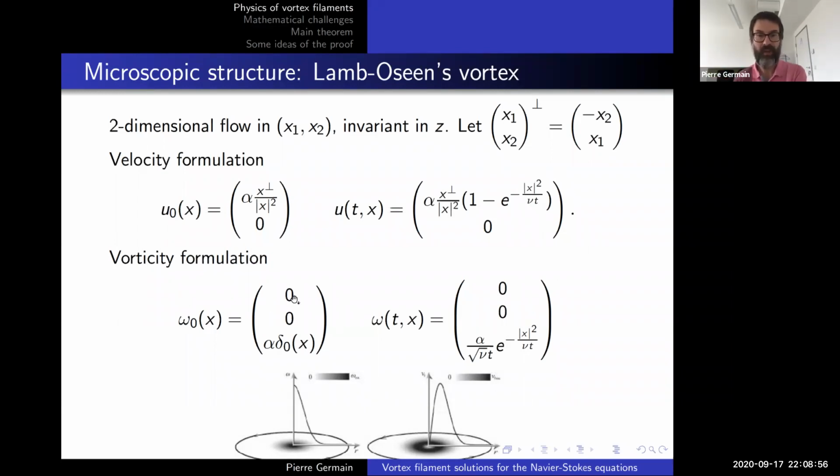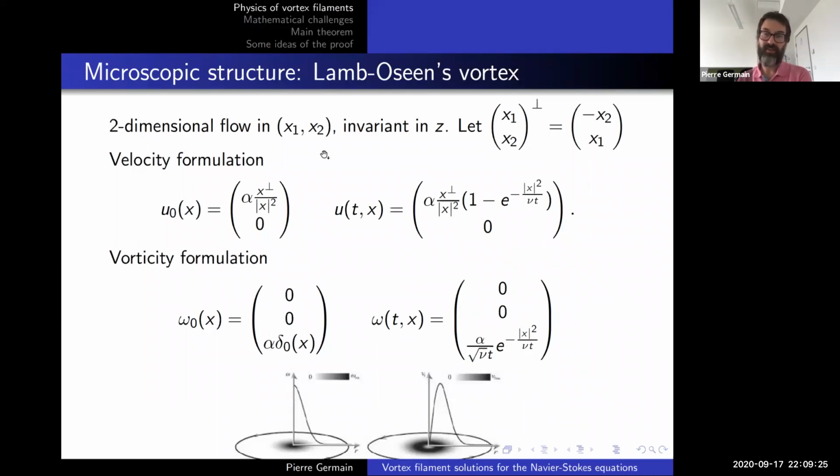And as time goes by, the vorticity spreads along this Gaussian profile. So this Lamb-Oseen vortex is an exact solution of the Navier-Stokes problem. And it's an exact solution of the heat equation even, because actually the convection term vanishes.